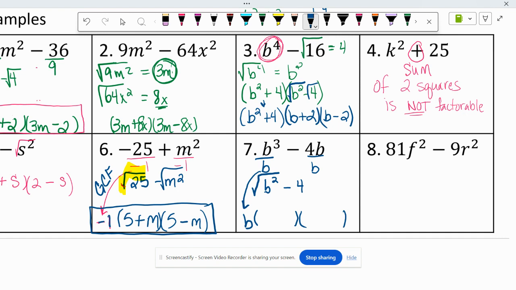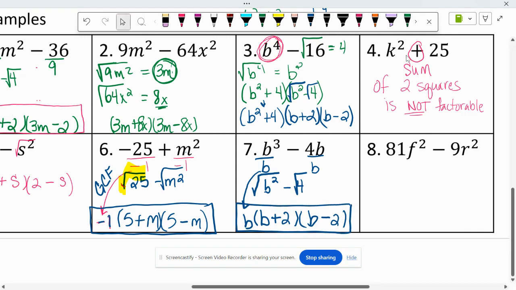What variable or number do you multiply by itself to get b squared? 1b, right? And when I take the square root of 4, what do I get, Jansen? 2. And what do I have to put in the middle of both my binomials? A plus and a negative. Good job.